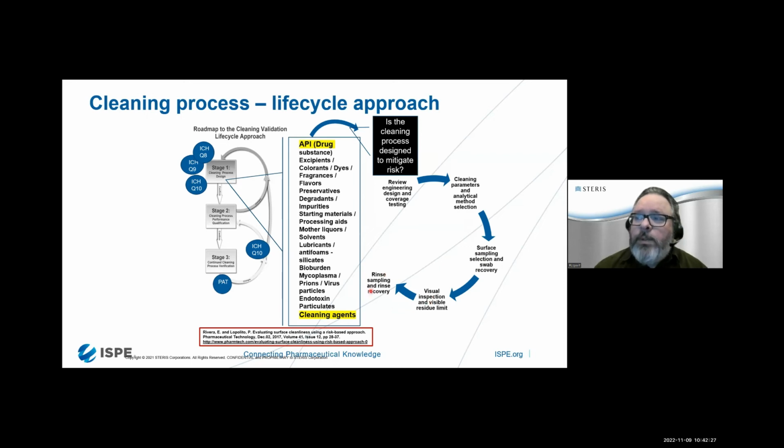We want to choose the method that makes sense to demonstrate that the surface meets a pre-established acceptance criteria, so it doesn't adversely impact the next product being produced. And you can use different techniques here, providing that they correlate to a surface cleanliness.